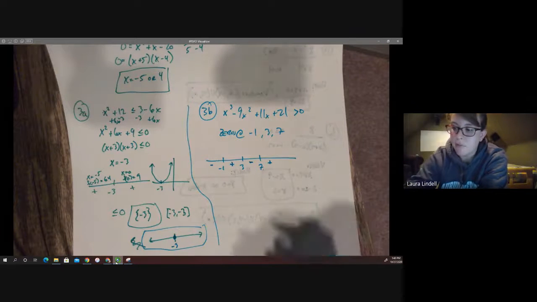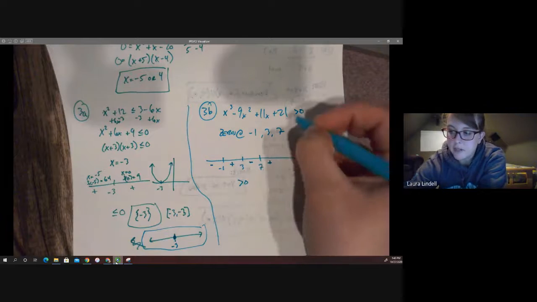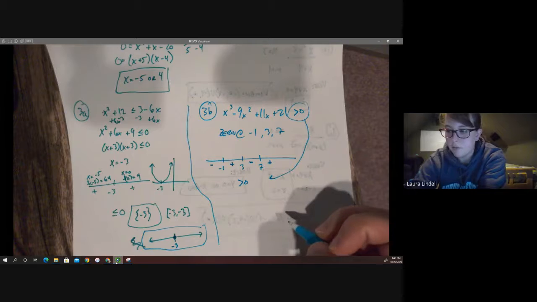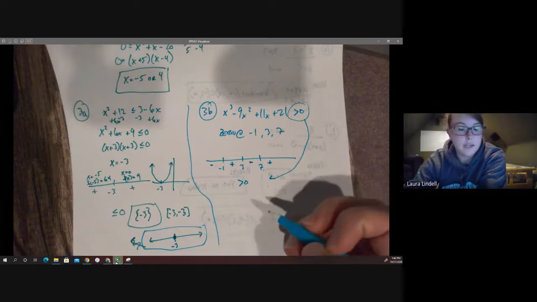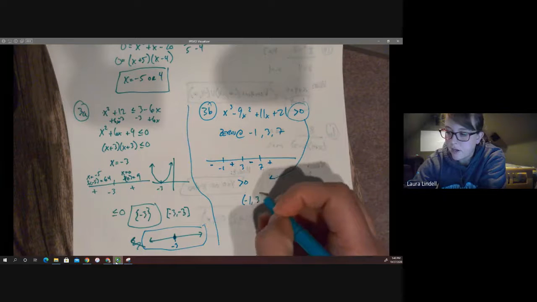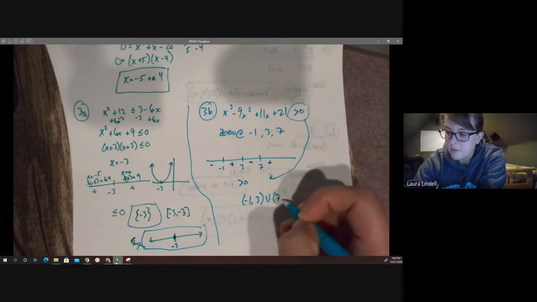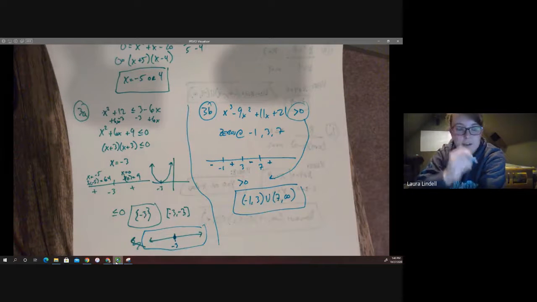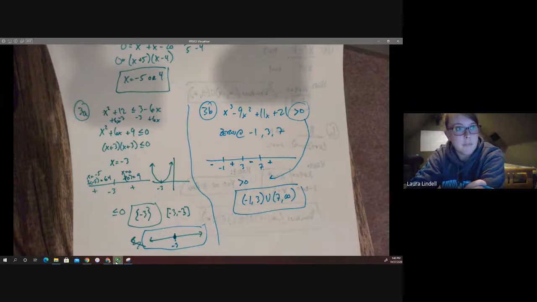We are looking for the places where it is greater than 0, because that's what we were given up here. That means we're looking for places where it's positive, but not equal to 0. So that would be the interval from -1 to 3, and the interval from 7 to infinity. If I was expressing it in set notation, that would be my answer.